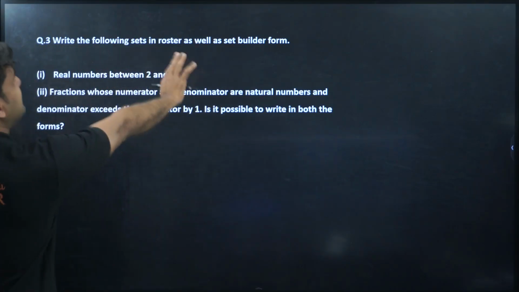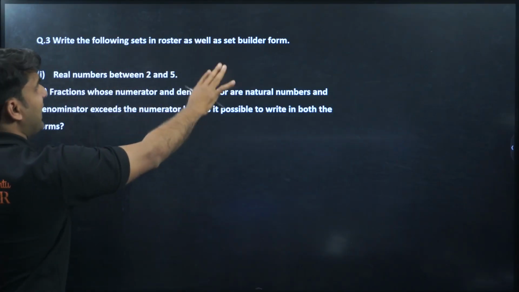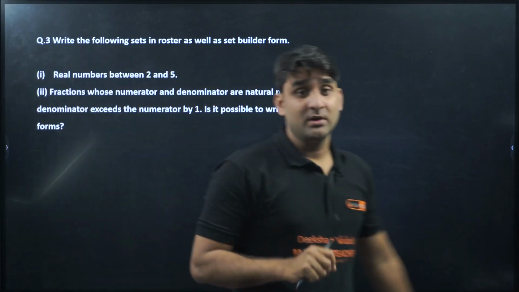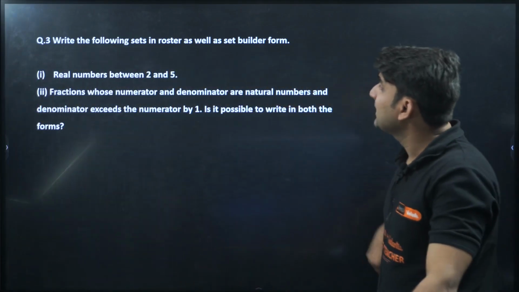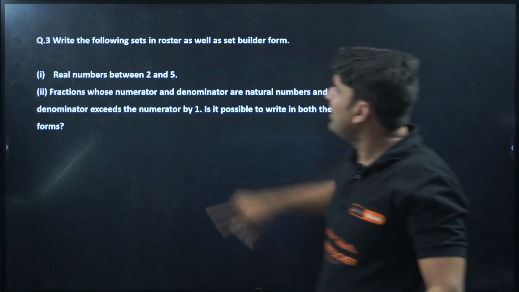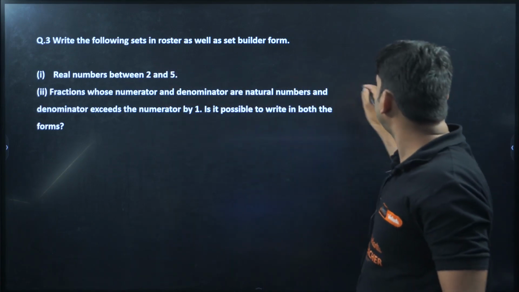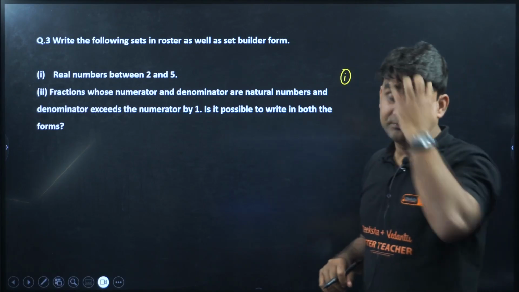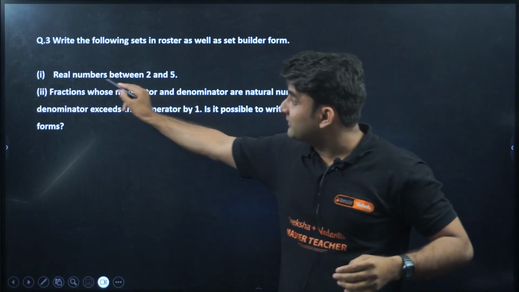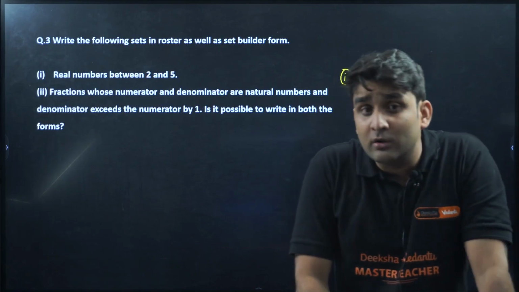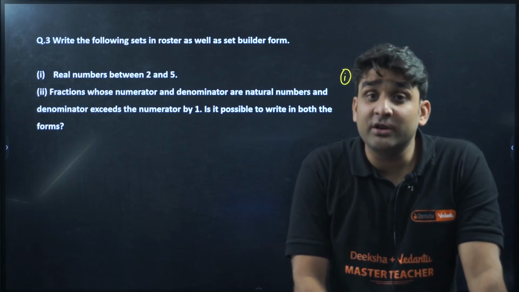Write the following sets in roster as well as set builder form. Logical question. The first question is real numbers between 2 and 5. Listen, my dear champions. First of all, how many real numbers are there between 2 and 5?